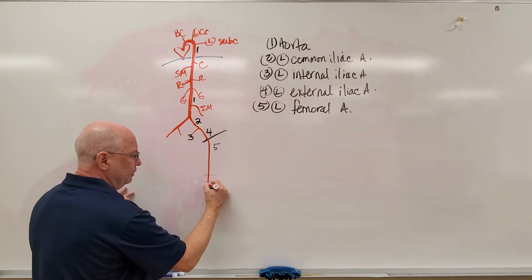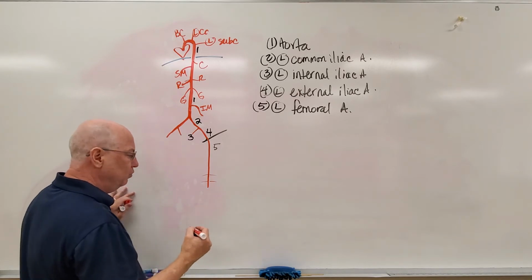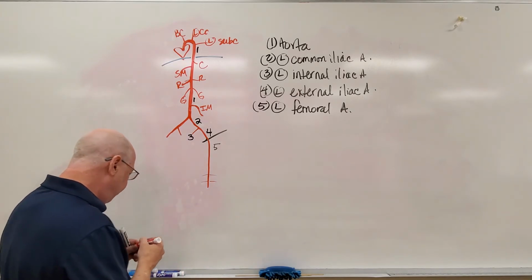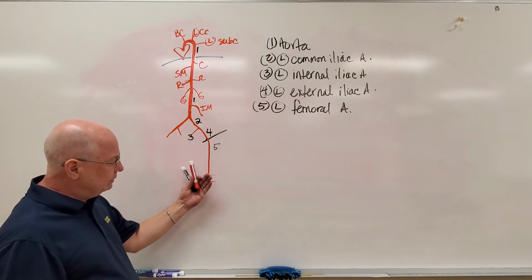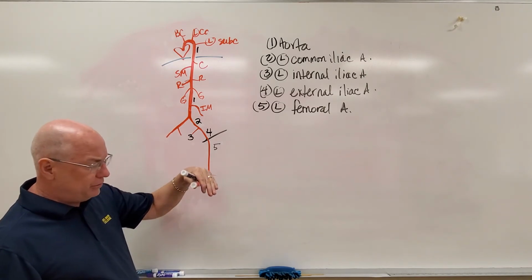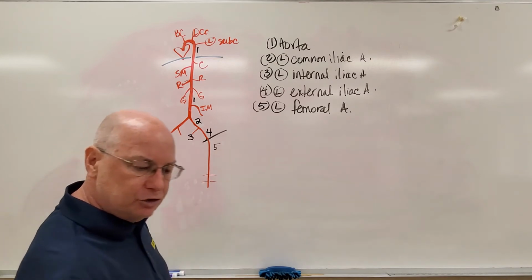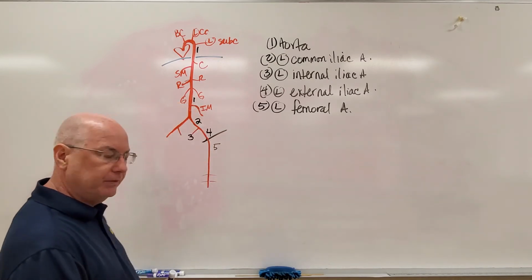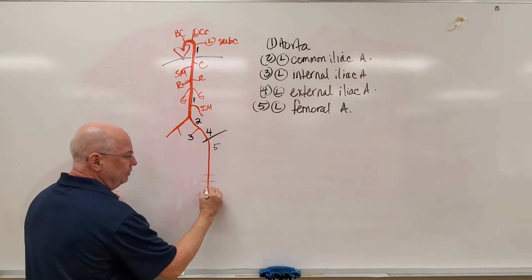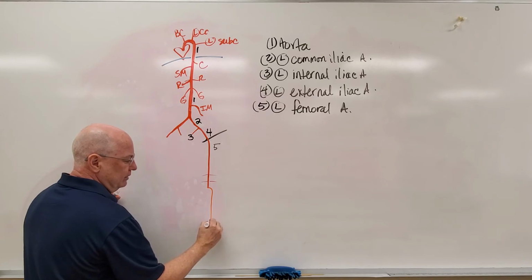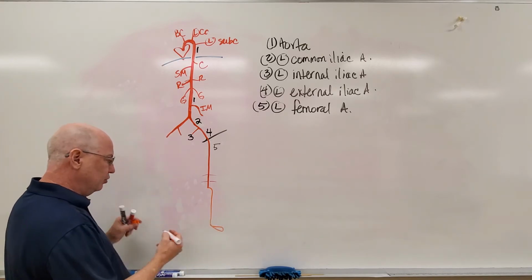And just before it splits, and when it does split, one of the branches is going to come forward. I do not have the ability to draw the anterior tibial artery coming forward. So I have to change its color so that you can see it. And so we are going to have a blood vessel that comes forward and runs straight down here and goes to the top of the foot.